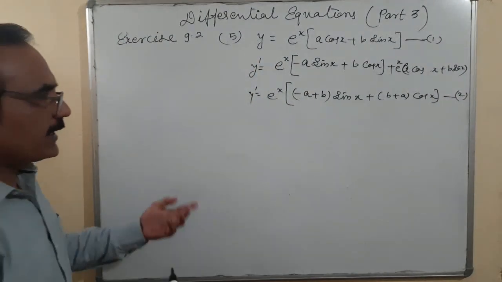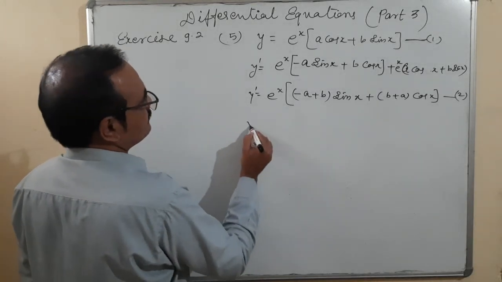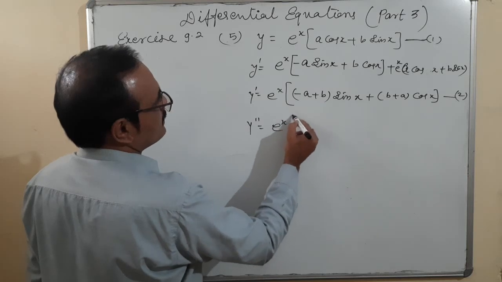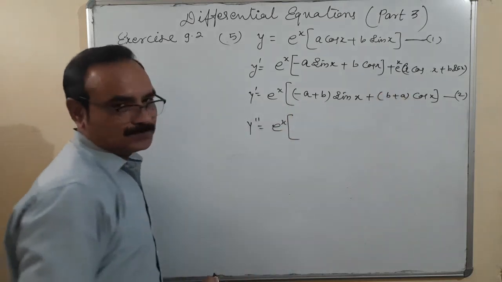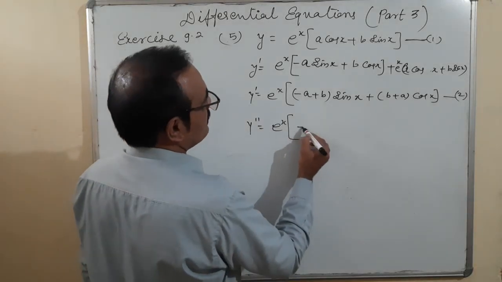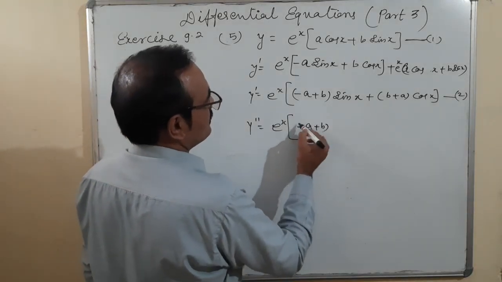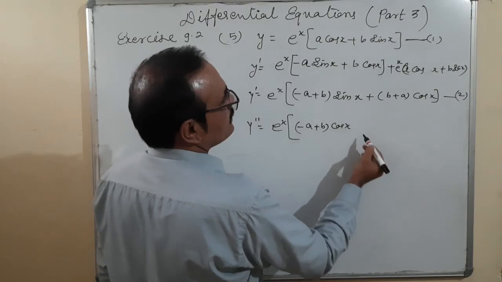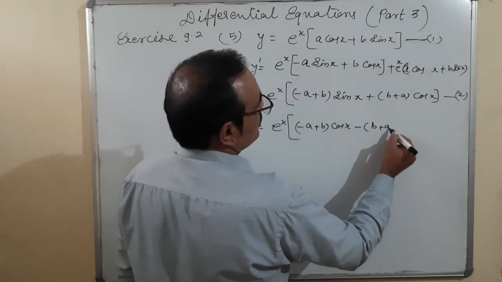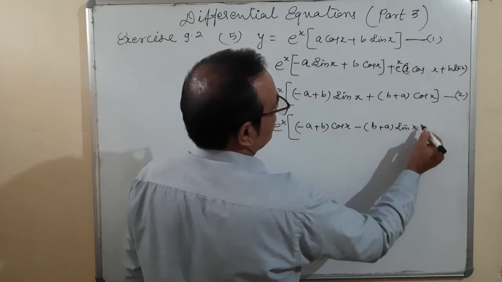Okay. Again differentiate. First function e to the power x, differentiation of this term: minus a plus b cos x. Differentiation of cos x is minus sin x, b plus a sin x.